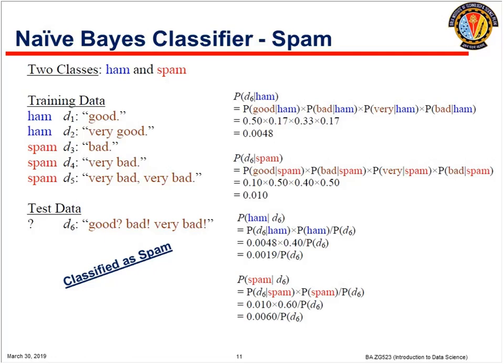Whenever you click on a mail to label it as spam or junk, immediately that will give a new example.